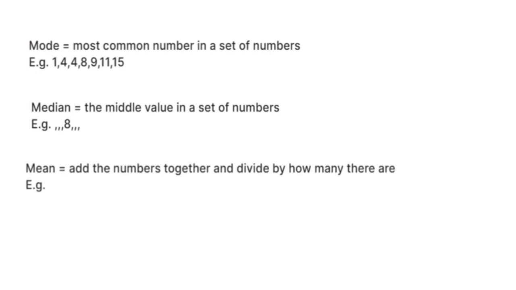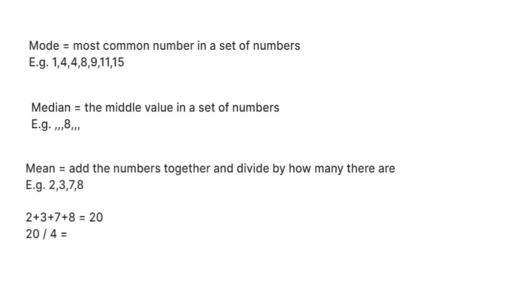So if I use an example of 2, 3, 7, and 8, for me to work out the mean, I would do 2 plus 3 plus 7 plus 8, which is, what is it? 20. And then to get the mean, because there are four numbers, I do 20 divided by 4.